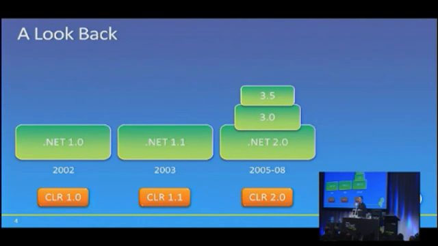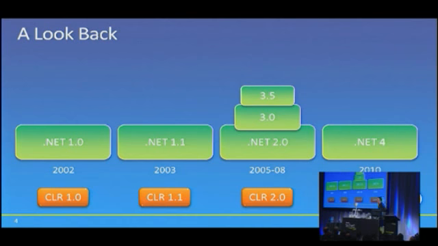We had CLR version 2, and on top of that we put .NET 3 and .NET 3.5. We didn't release a new CLR, we just had the one CLR to work with. And then this year, obviously, .NET 4 got released with its brand new CLR. So with .NET 4, you're working on a brand new CLR. It's not working on the 2.0 CLR. That's just something to keep in mind, but we'll go through the pros and cons of that later on.